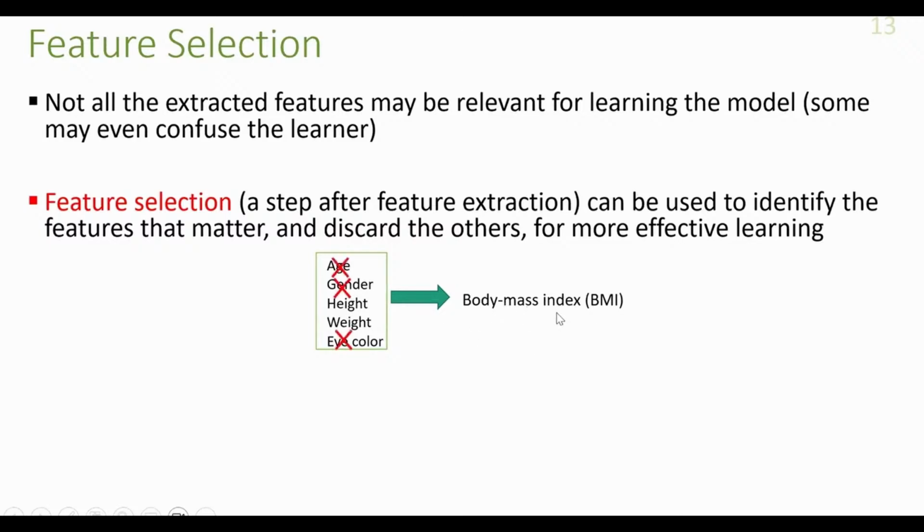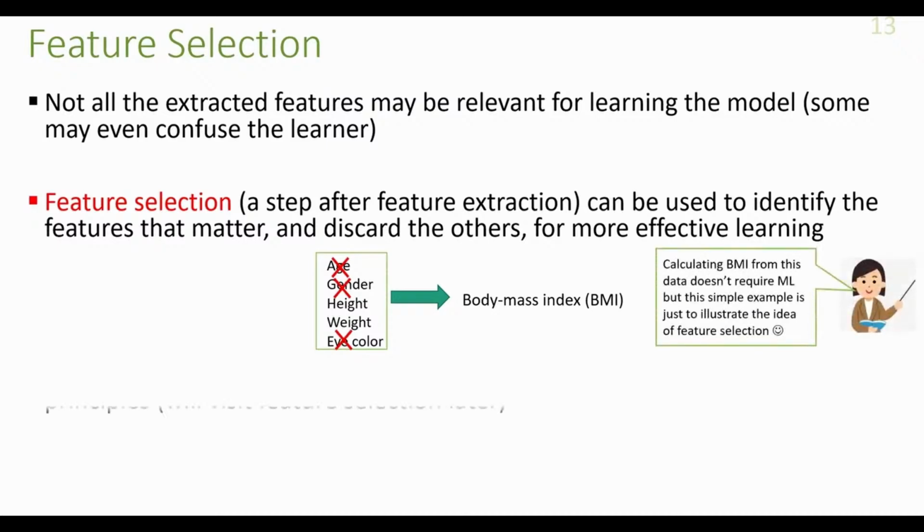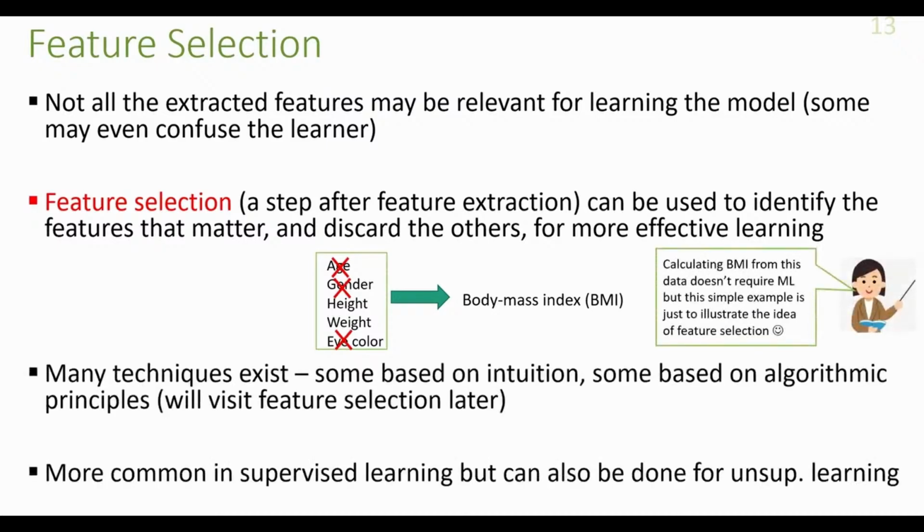Now, as you can see, body mass index only depends on height and weight, so we don't need the age, gender, and eye color features. Therefore, we have to filter out age, gender, and eye color when calculating body mass index. Depending upon our data set and our task, we may or may not use feature selection as a pre-processing technique.